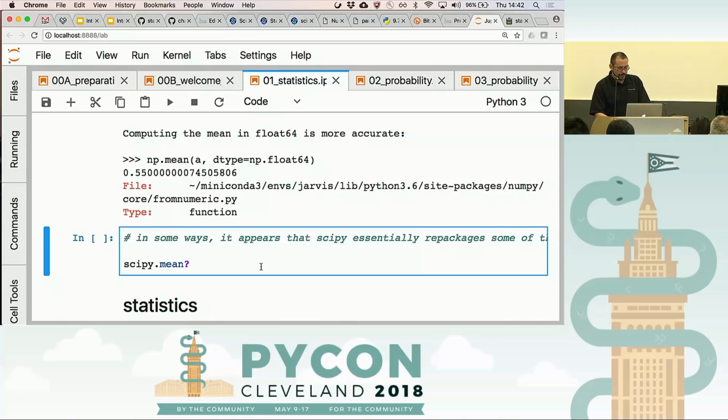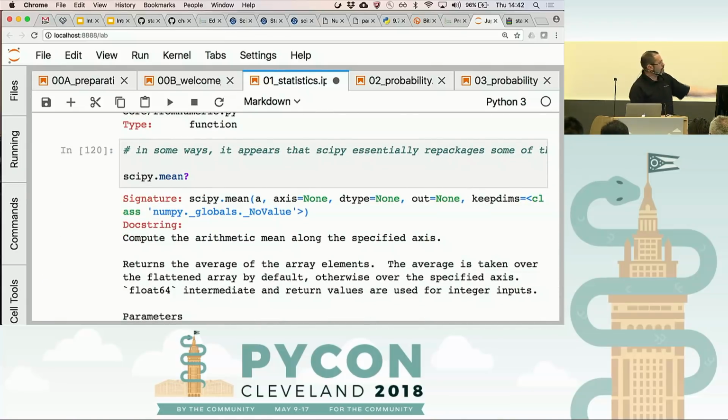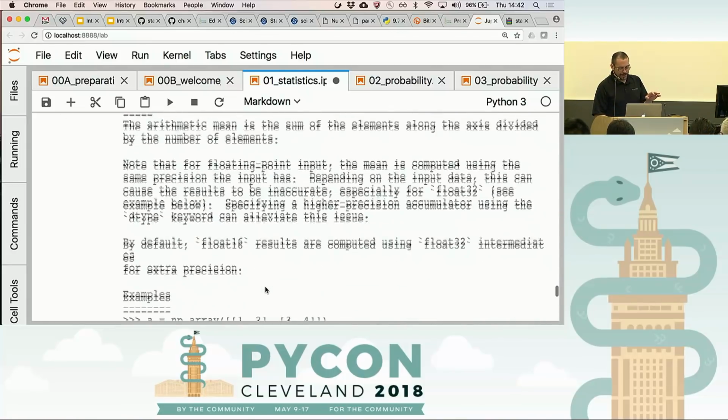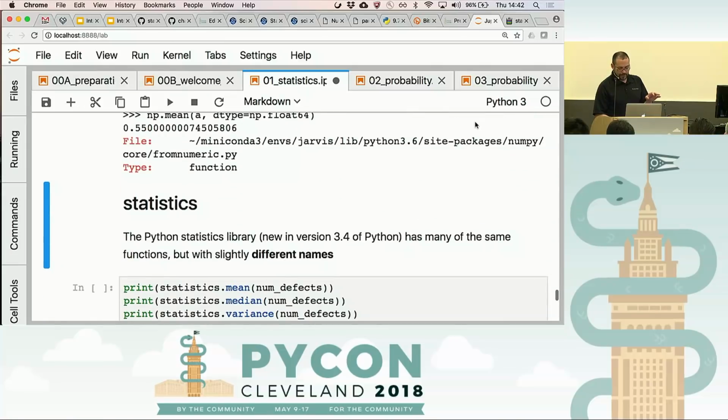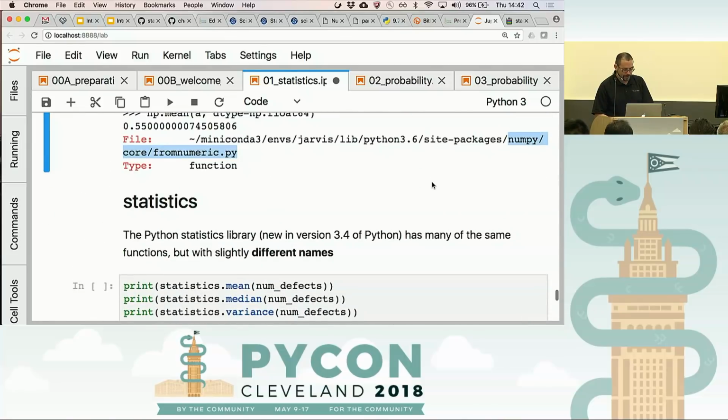If I do this same thing with scipy.mean, I can call scipy.mean, but interestingly, all the documentation is exactly the same, and when I get down to the bottom, sure enough, it just calls NumPy under the hood, so like I said, your mileage may vary.